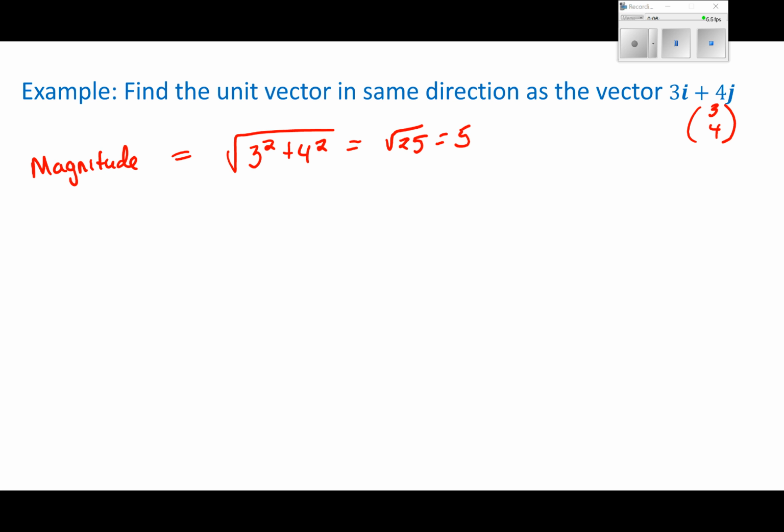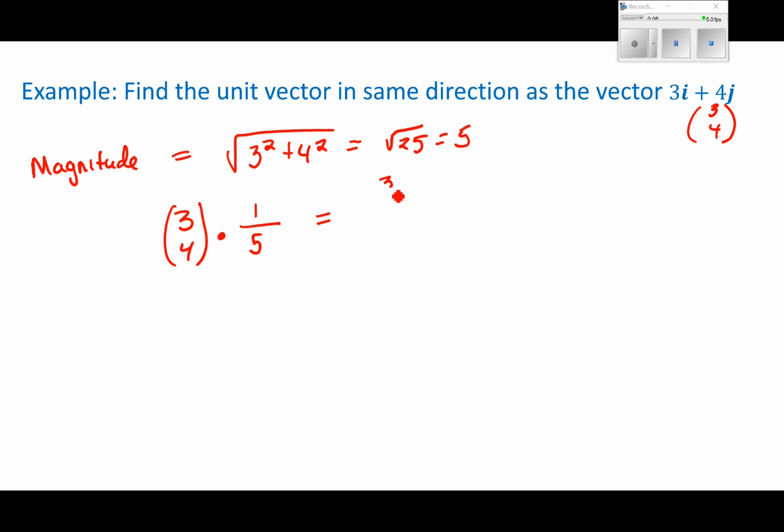So now we want to multiply our vector, so 3, 4, times 1 over our magnitude, which is 1/5. Now, to multiply by a scalar, we multiply 3 times 1/5 and then 4 times 1/5.